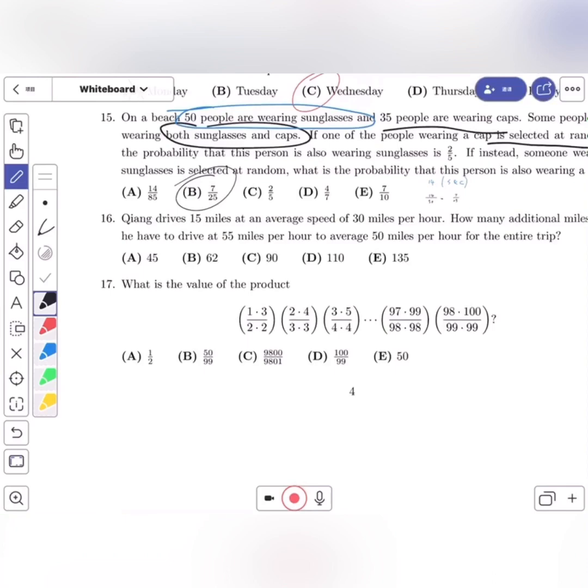Chang drives 50 miles at an average speed of 30 miles per hour. How many additional miles does he have to drive at 55 miles per hour to average 50 miles per hour for the entire trip?